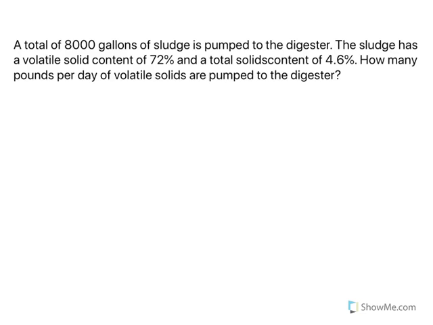They want pounds per day of volatile solids, and we calculate that by using the gallons of sludge. So gallons, 8,000 gallons per day. So 8,000 gallons.